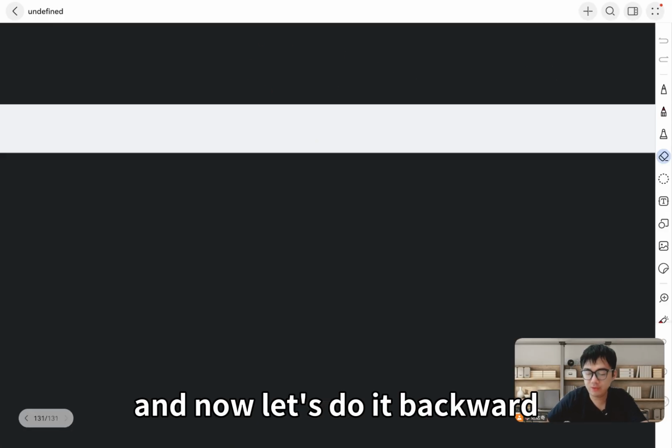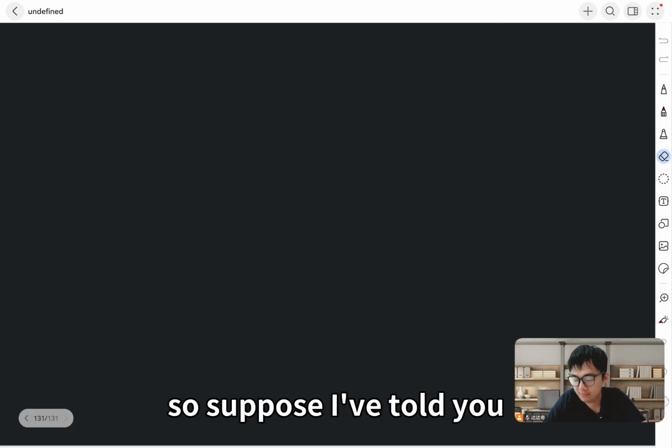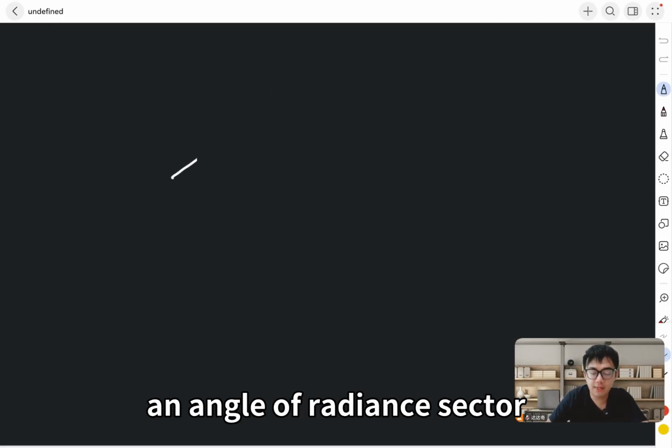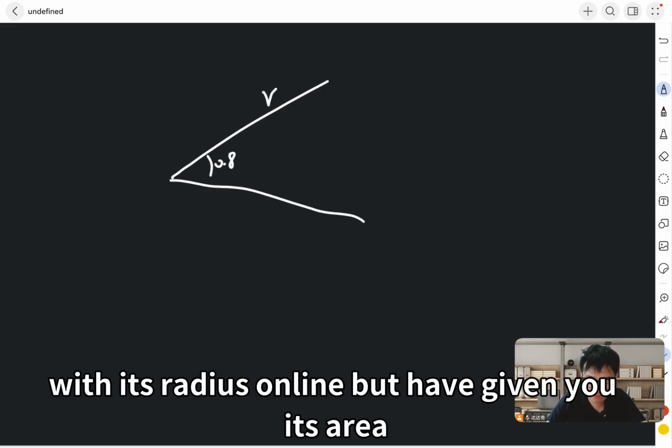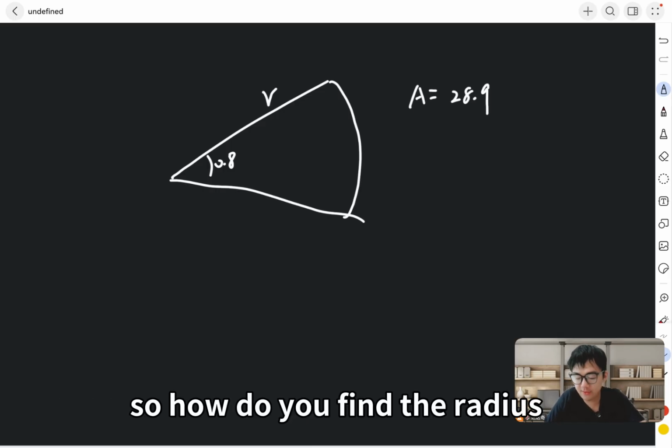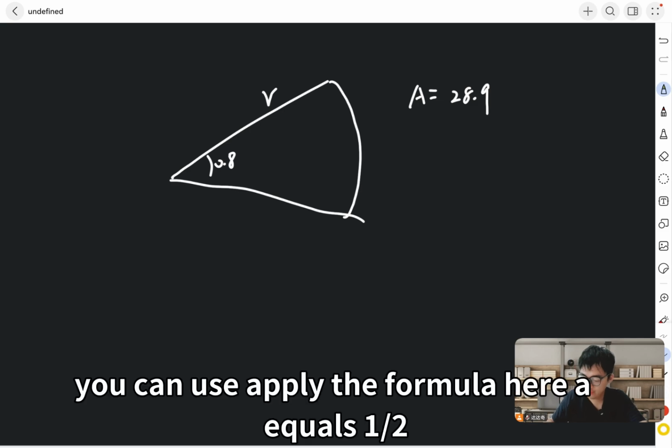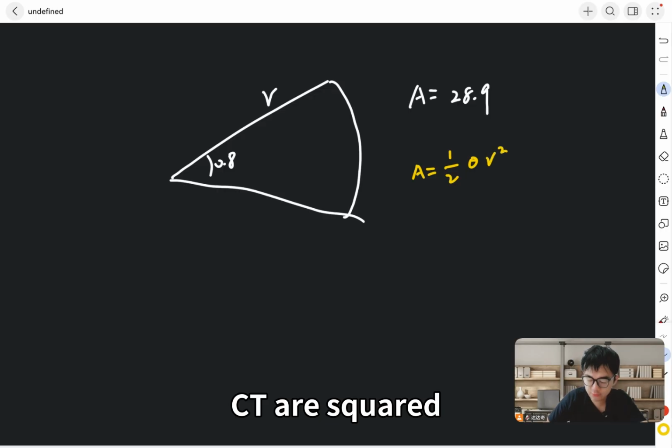Now let's do it backward. Suppose I tell you the sector has an angle of 0.8 radians with its radius unknown, but I give you its area, 28.9. How do you find the radius? You can still apply the formula: A equals 1/2 theta r squared.